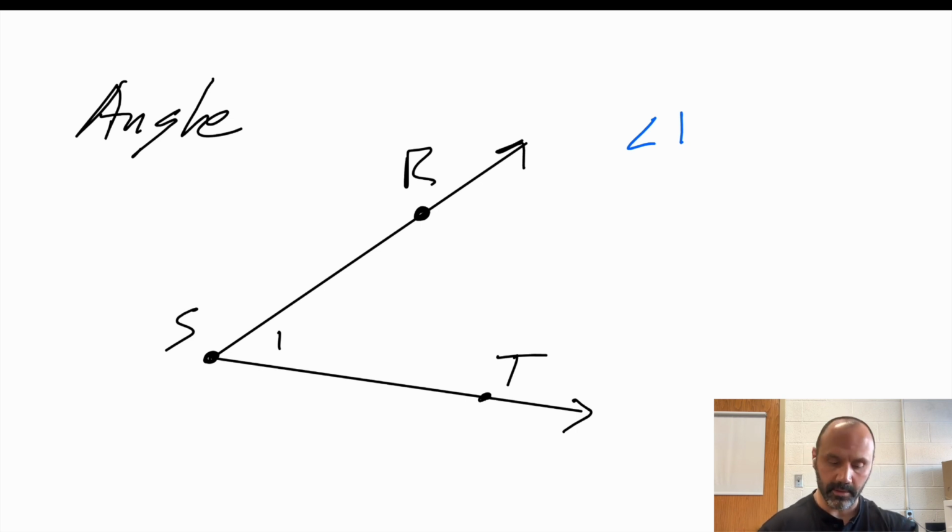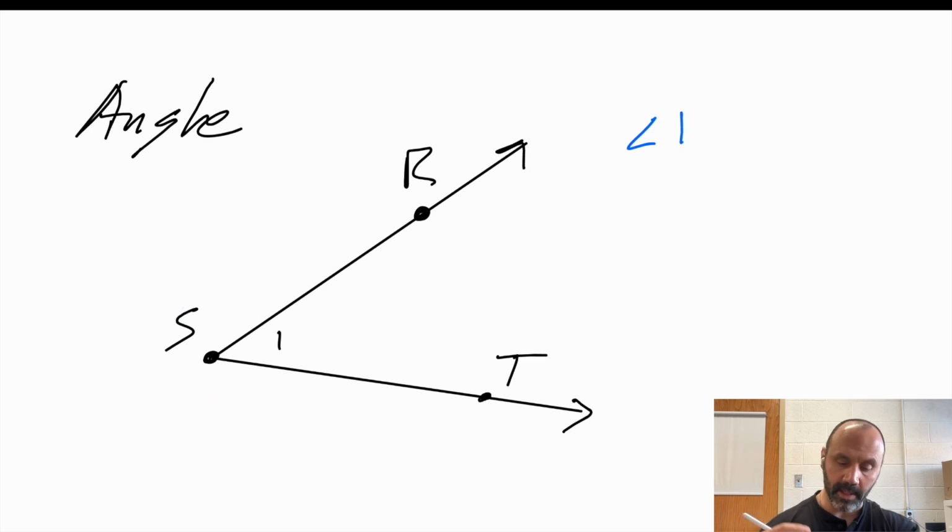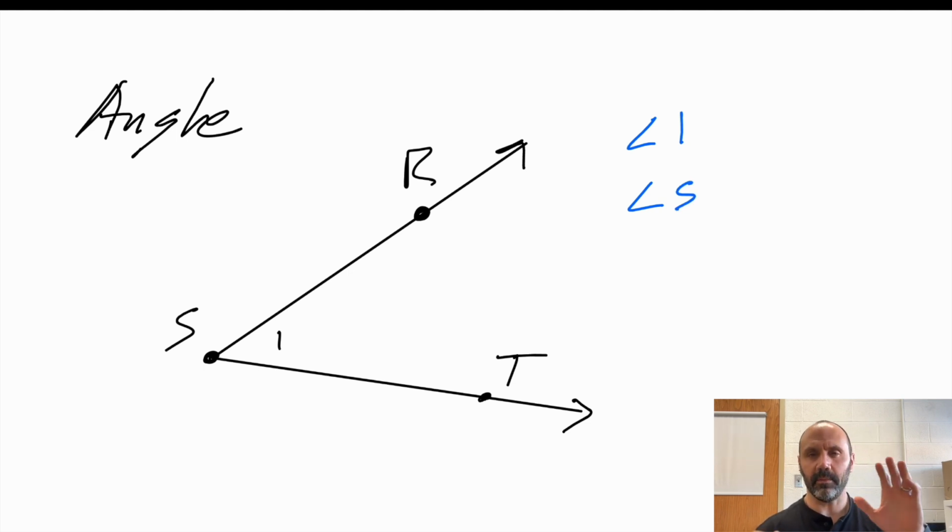If we don't have a number in there, you can call it by the vertex. So this is the vertex of the angle, the place where the two rays meet, the endpoint of the two rays. So you call this angle S. Sometimes you might have a bunch of angles that have the same vertex, and so it'd be confusing to call it angle S, and then you say, which one are we talking about?